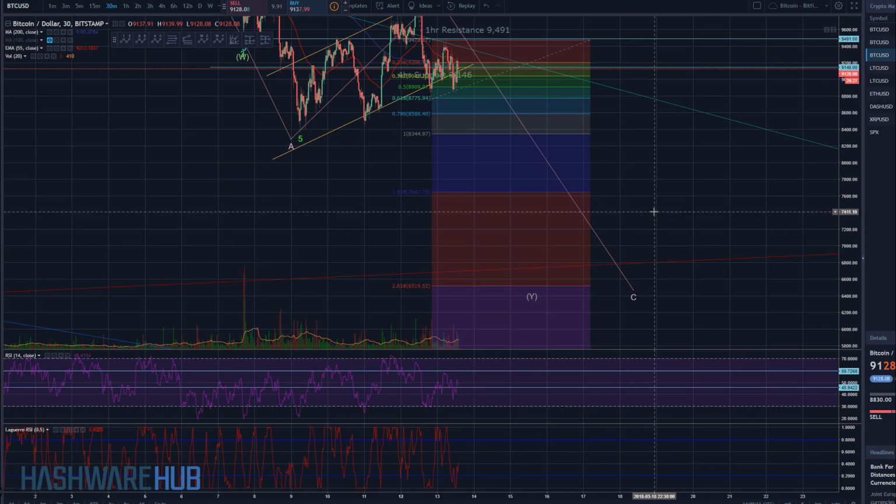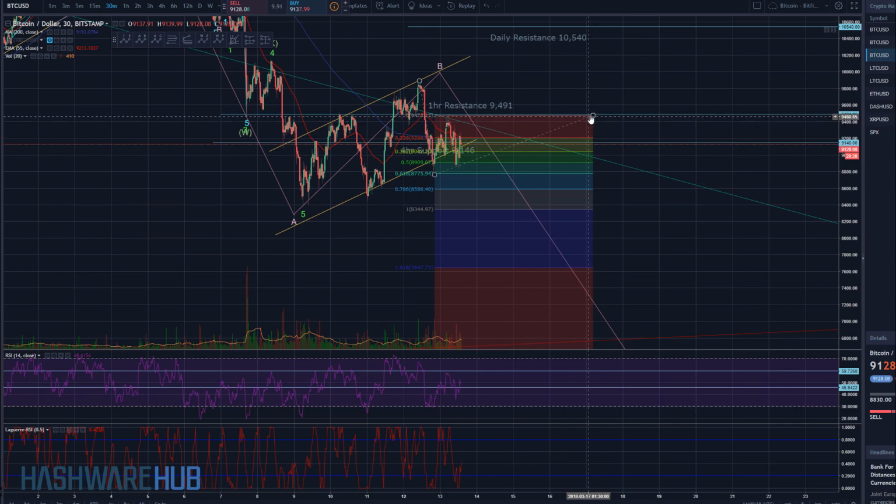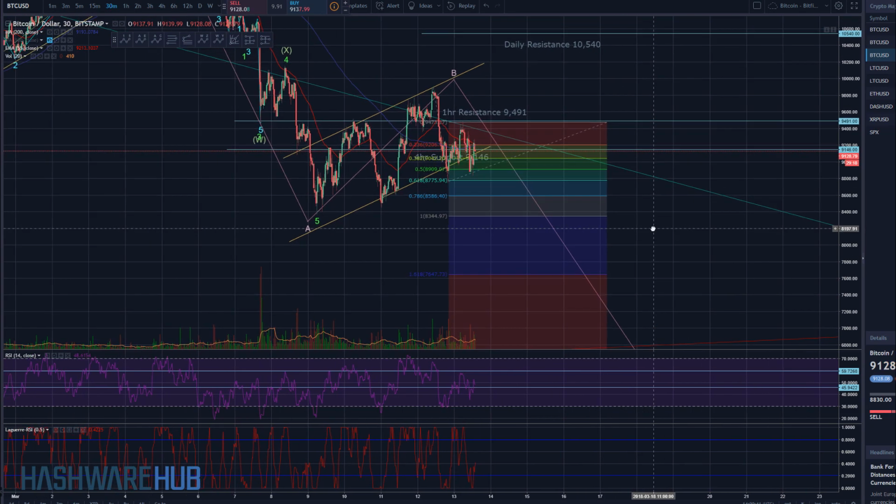A more bearish scenario is the scenario that we had mentioned yesterday, where we have this Y and this C down here. Okay, so those are ways to go about trading this.